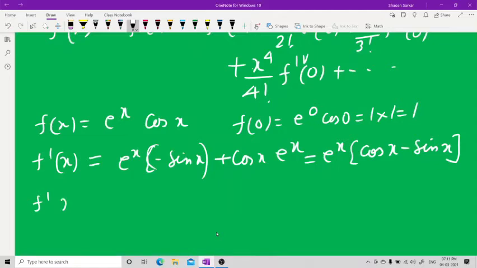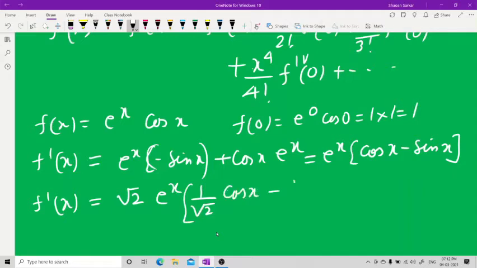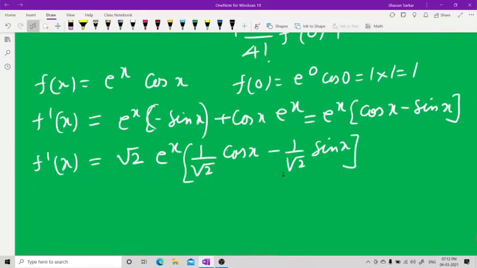Now do one thing. Write f dash x by taking under root 2 inside: you multiply by under root 2 here, you have e to the power of x, and you divide by under root 2 here, and you write cos x minus 1 by under root 2 sin x. Do this because the under root 2 will cancel on both sides. Multiply by under root 2 and divide by under root 2.